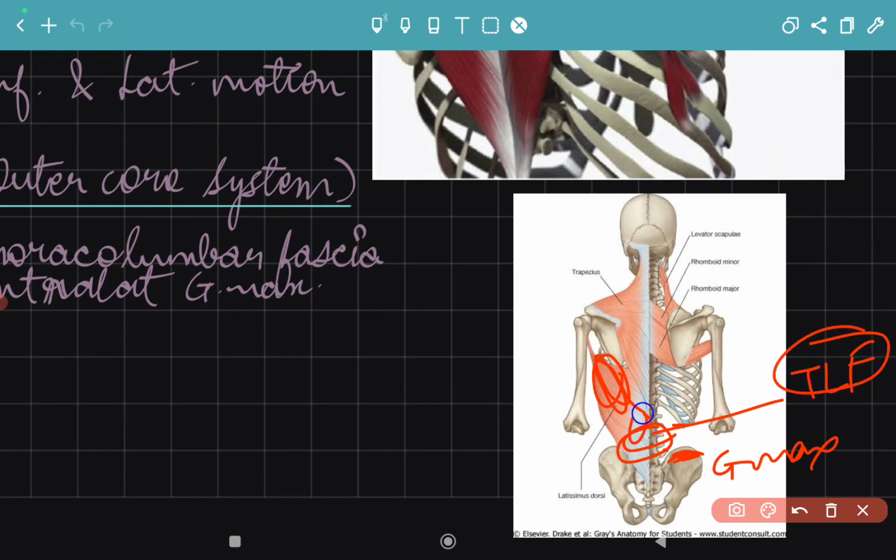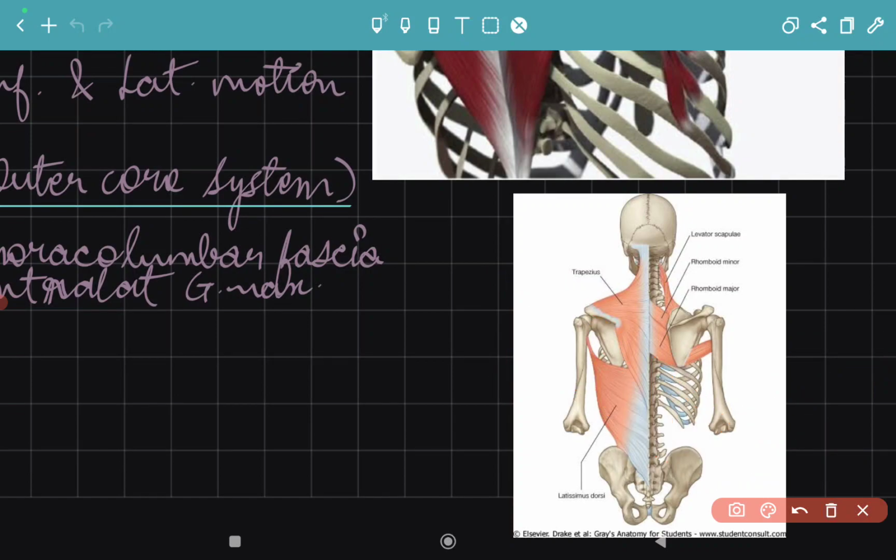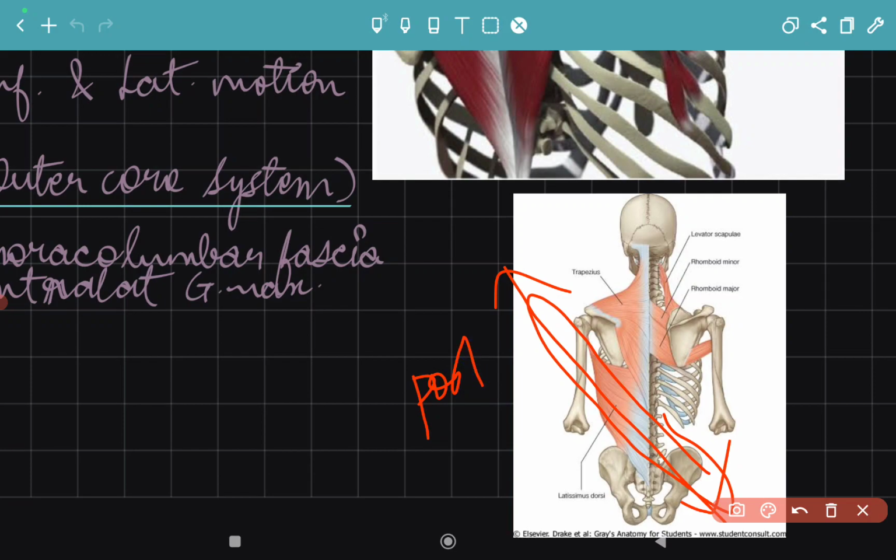Thoracolumbar fascia over here, then the opposite side gluteus maximus, and here is the latissimus dorsi. So this forms an oblique posterior oblique sling, which can be traced somewhat like this. This forms the posterior oblique myofascial sling.